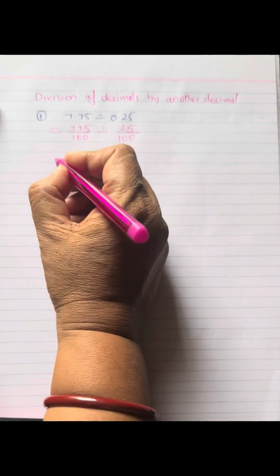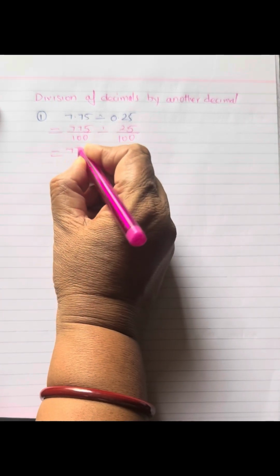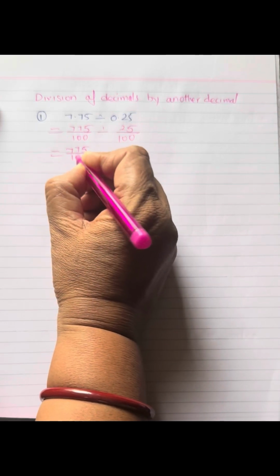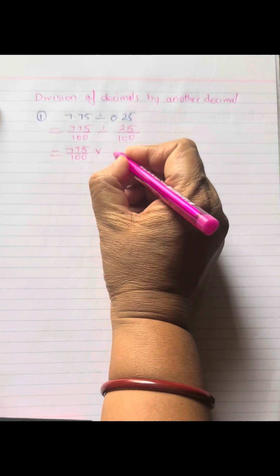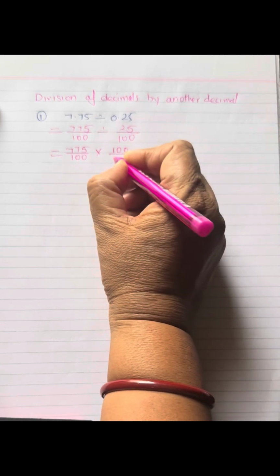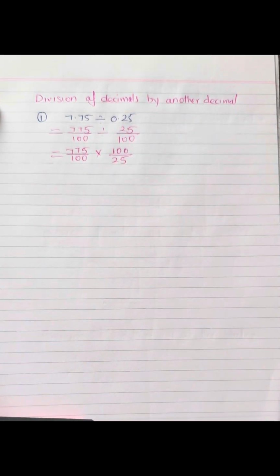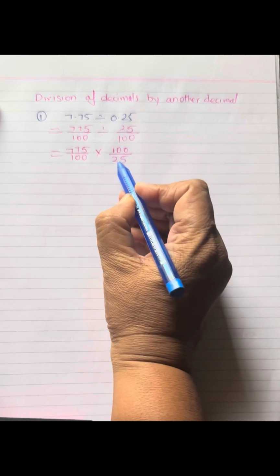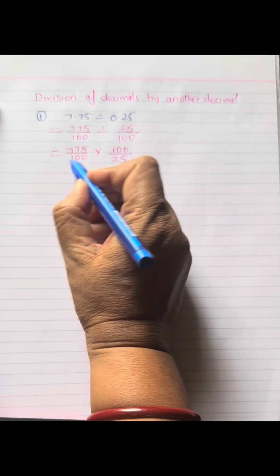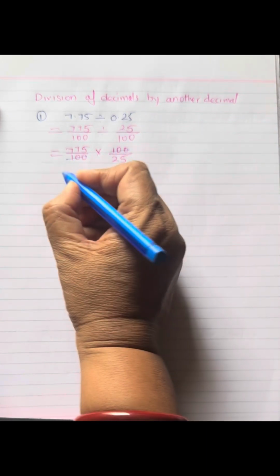Okay. So what do we do? We write the first fraction as it is. Change the division sign into multiplication. If you change the division sign into multiplication, we write the reciprocal of the divisor. So 25 upon 100 becomes 100 upon 25. Now you can see you can cancel 100, 100.